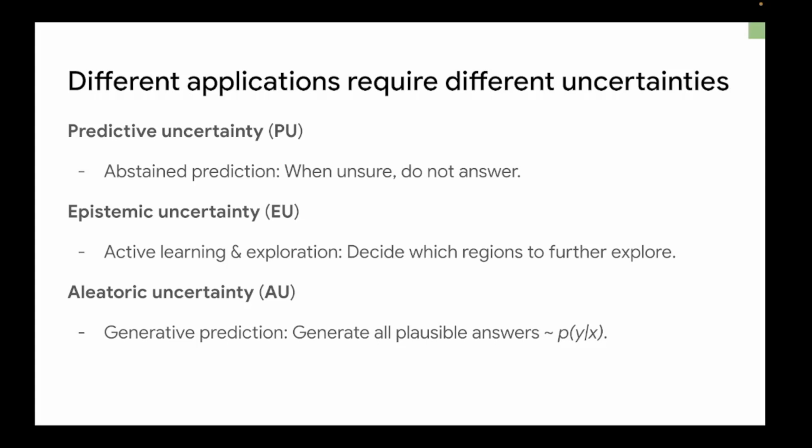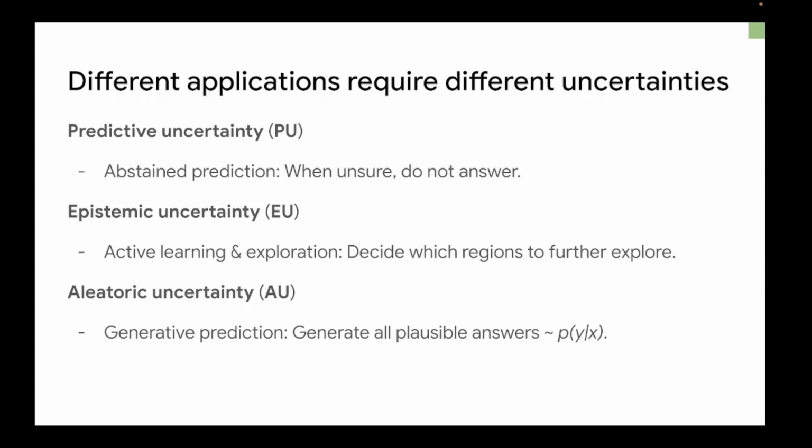I think I've shown some examples from there. If the machine system is not sure about the diagnosis, then it has to be able to give it to the human doctor. That's called abstain prediction. Instead of making a prediction for unconfident samples, it simply gives up and gives it to a human or some other model, or it gives some kind of signal to the next stage that the prediction is not reliable, and so you have to do something about it.